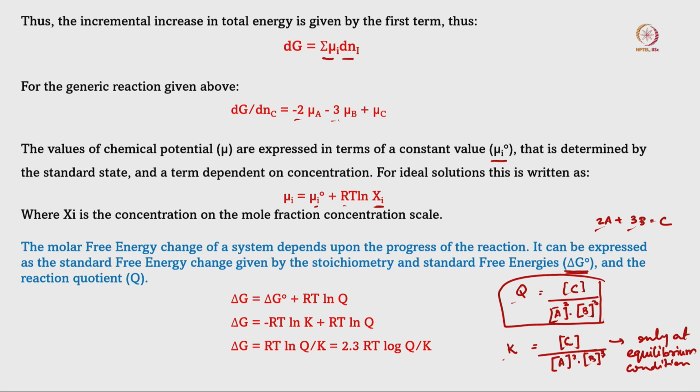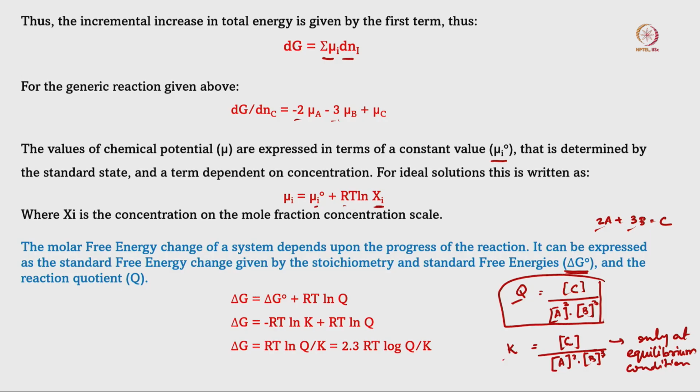We call this K only if it is at chemical equilibrium, otherwise we say it is the reaction quotient Q. So Q and K are basically the same thing, only that one condition is not at equilibrium and the other is at equilibrium.